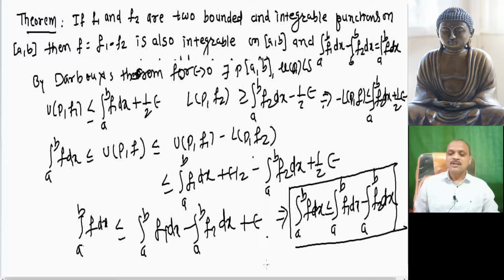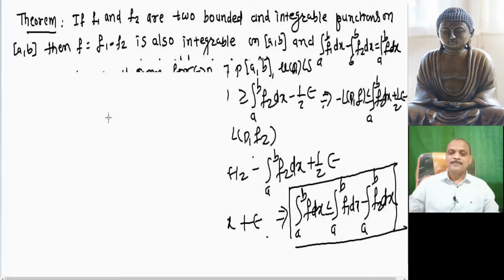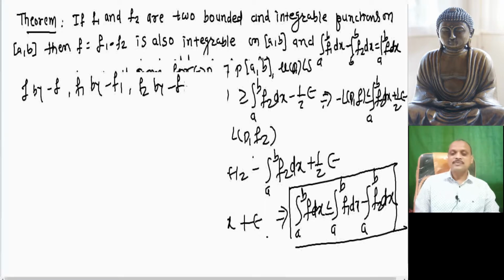So we arrive at this result. Proceeding with the minus sign, instead of f1 and f2 we take minus, we replace f by minus f, f1 by minus f1 and f2 by minus f2 in this.